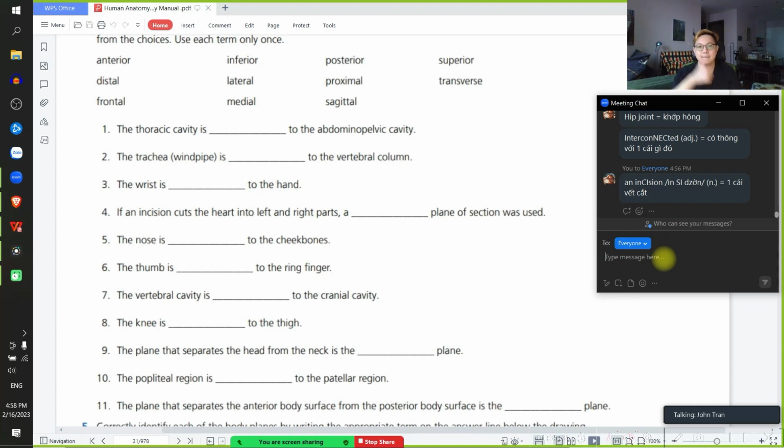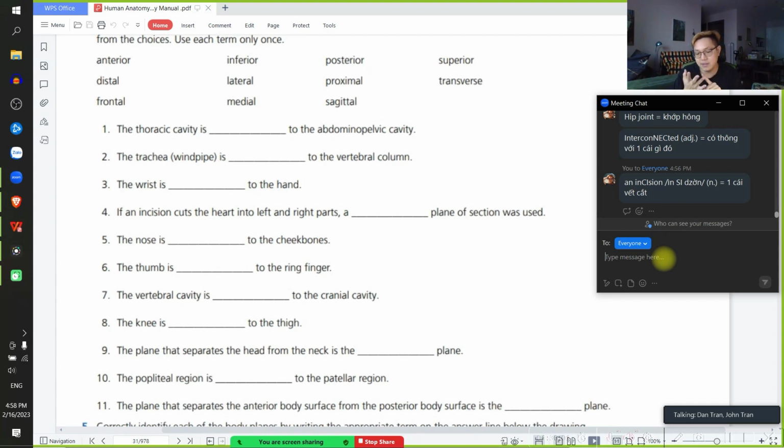Number 6, the thumb is something to the ring finger. Cái ngón đeo nhẫn so với lại cái ngón. Lateral. Yeah. Lateral? No. Yeah. Lateral is when you look at something that is not near to the middle. Cái gì đó không gần cái ở giữa mới là lateral.